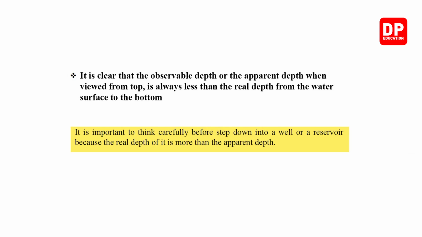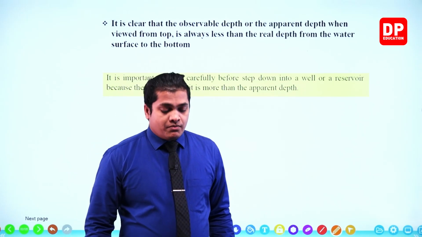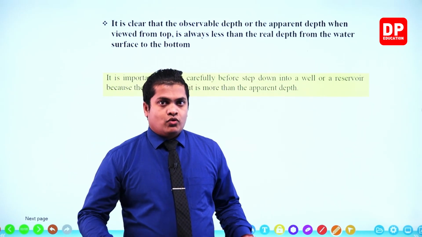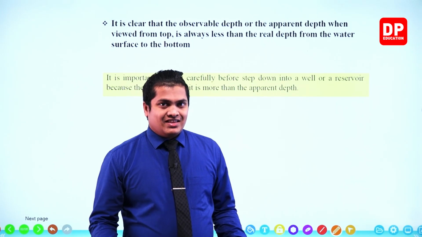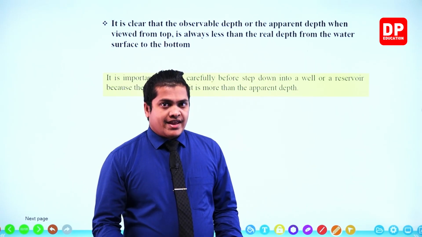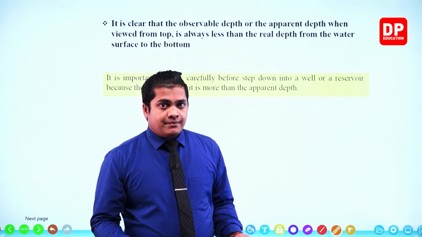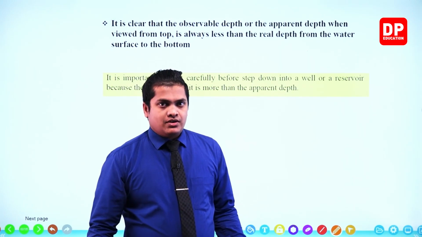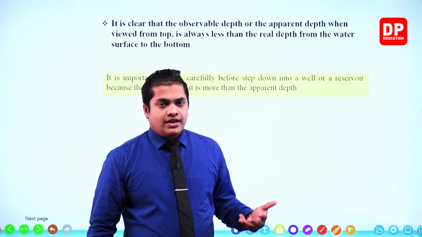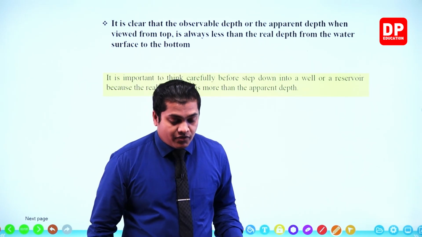So my dear children, when we are observing a water container or water pool from the top, we can see not the actual depth but the apparent depth. Always the actual depth is way deeper than the apparent depth, in any kind of water pool when you're observing from the top.